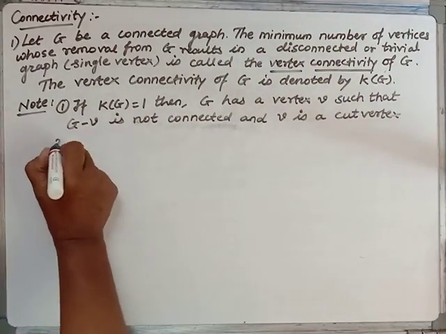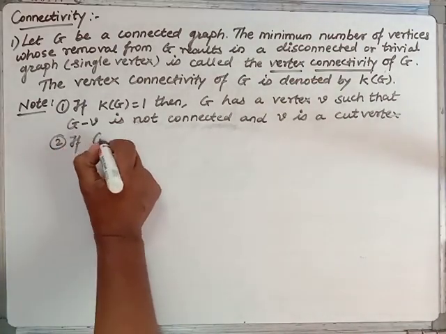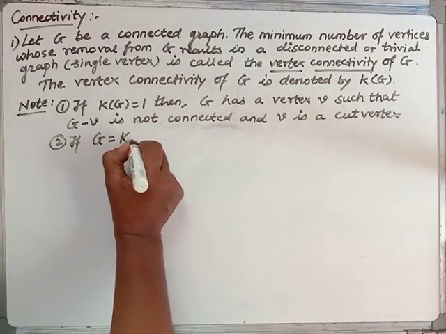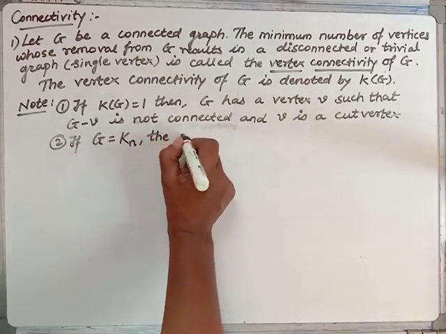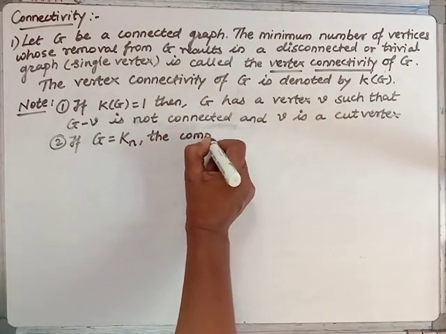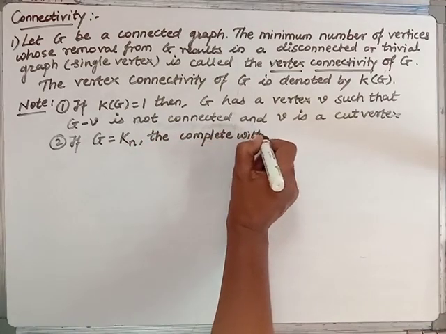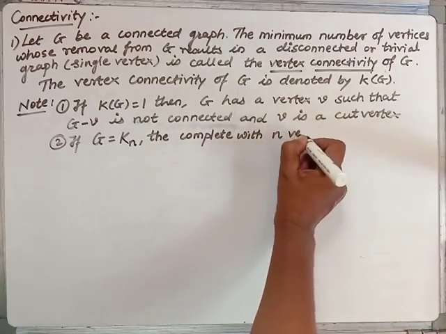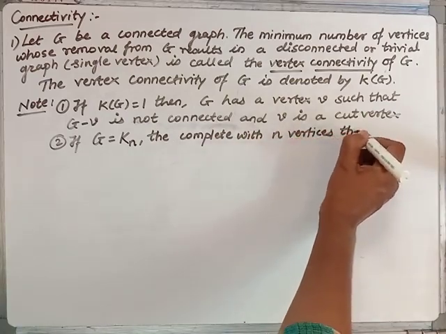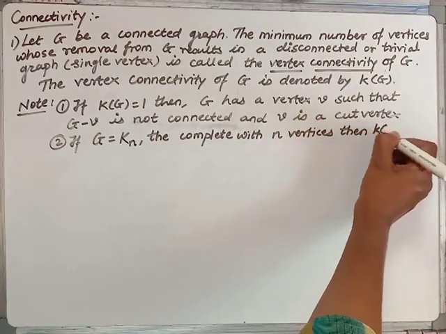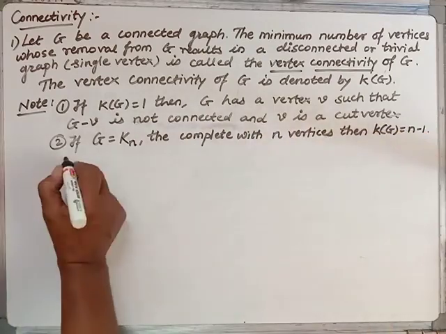Another note is that if G is a complete graph with n vertices, then K of G is n minus 1.